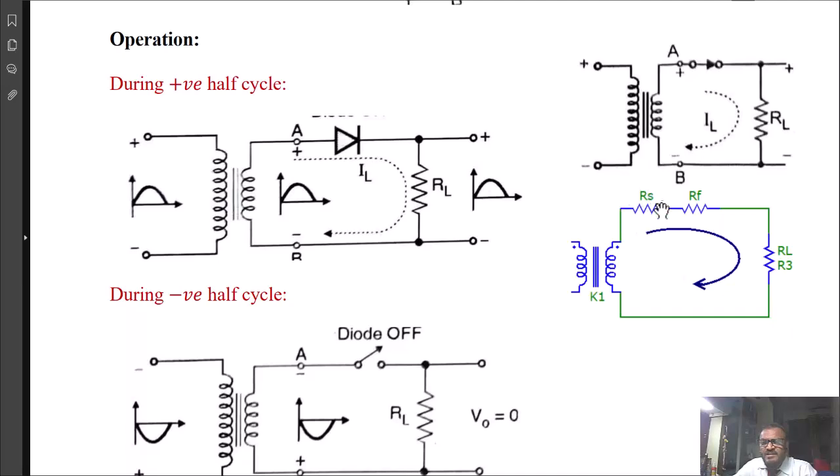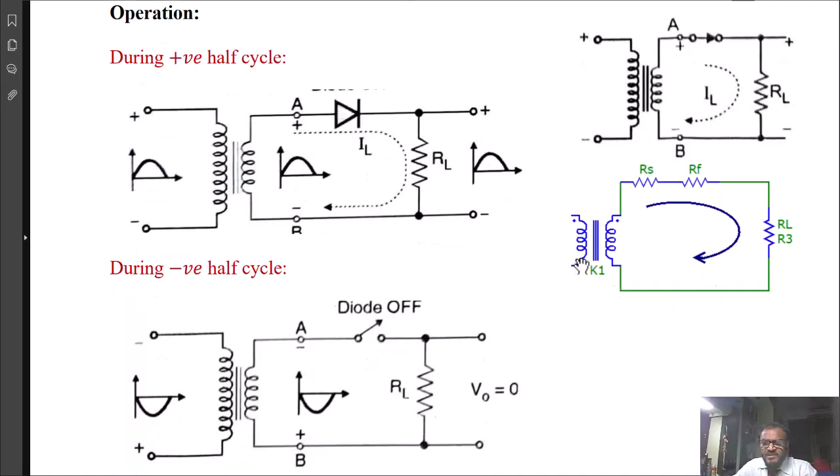This resistance RS is in the range of a few ohms or a fraction of an ohm for a high power transformer. Similarly, RF is also a few ohms. So the total RS plus RF is a very small component, and therefore for most practical purposes and for approximate calculations, RS and RF are considered to be 0.